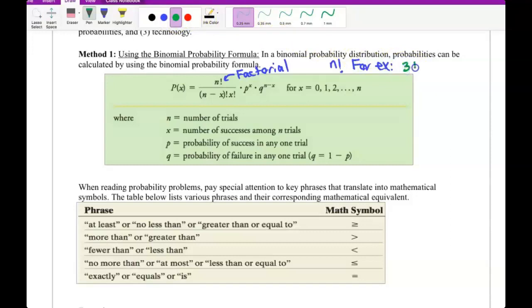We have 3 factorial. That is equal to, starting with the number 3, 3 times 2 times 1. The answer is 6. Another one, 5 factorial is equal to, starting with 5, 5 times 4 times 3 times 2 times 1. That is equal to 120.